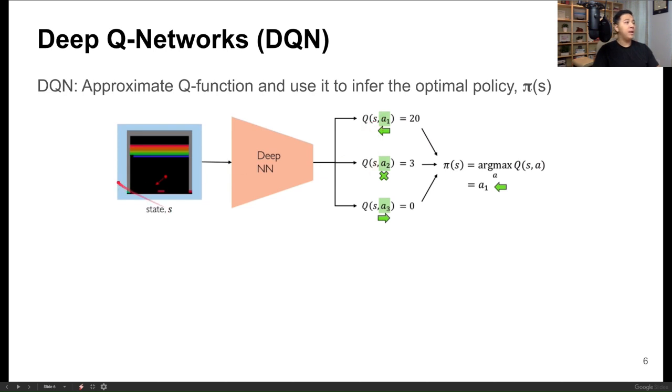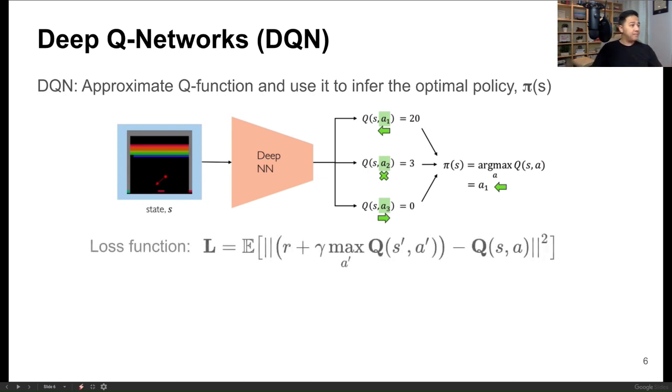So for example, given this screen, it gives the Q value for taking action A1 as 20, A2 as 3, and A3 as 0. A1 means you move left, A2 you do nothing, A3 you move right. So for a Breakout game, there are 3 possible actions that you can do. And then the optimal policy basically just takes the argmax of that Q function. In this case, A1 would be picked.